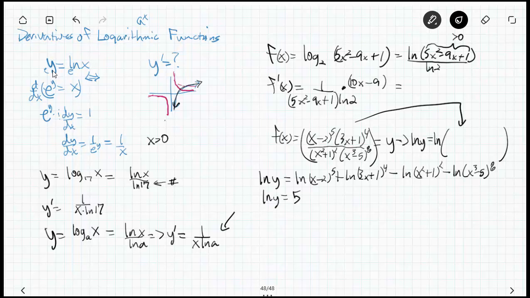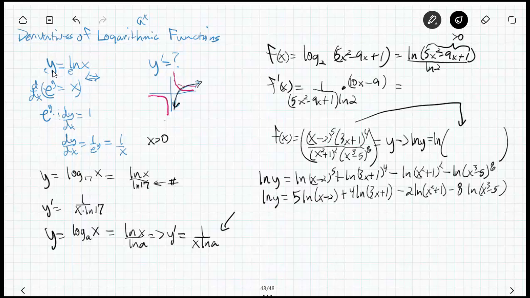They become coefficients. So I can rewrite this as 5 ln(x minus 2) plus 4 ln(3x plus 1) minus 2 ln(x squared plus 1) minus 8 ln(x cubed minus 5). Isn't that pretty? Gorgeous, right? Look how pretty that is.